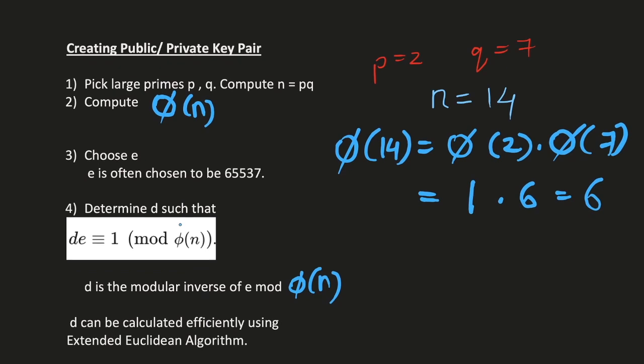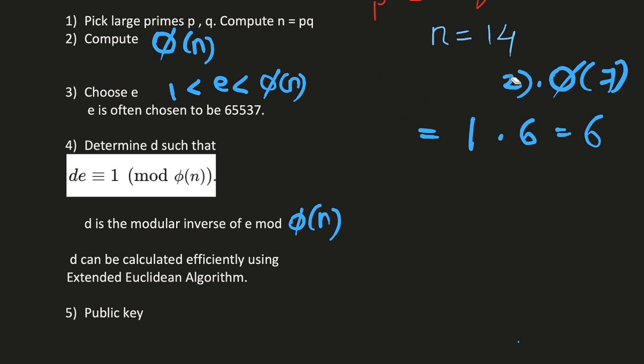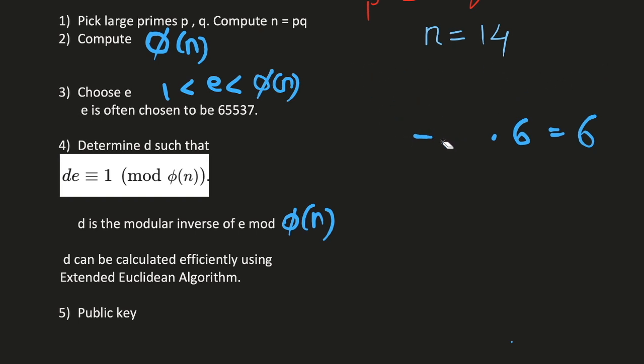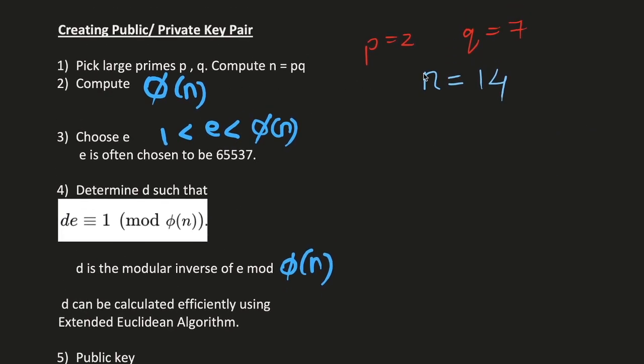So then we pick E. To pick E, we need to satisfy two conditions, and E has to be a number in between 1 and phi of n. We just computed phi of n, which happens to be 6.